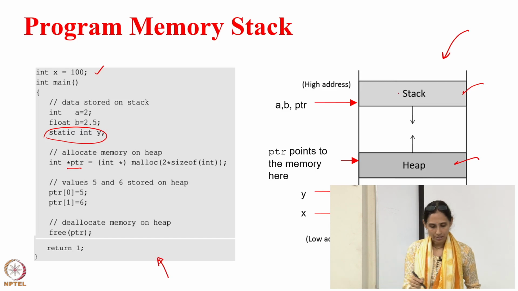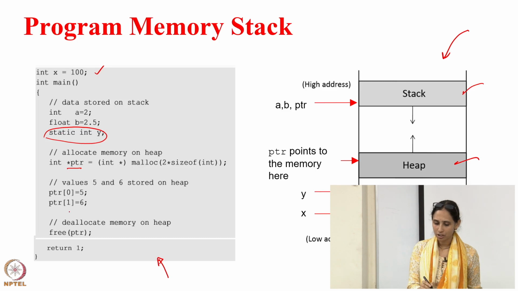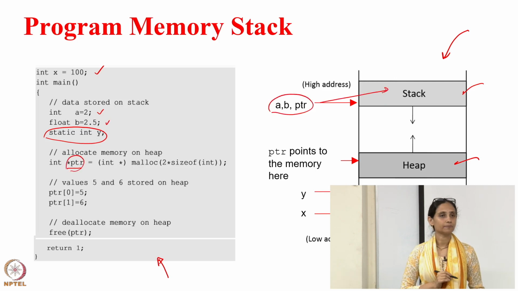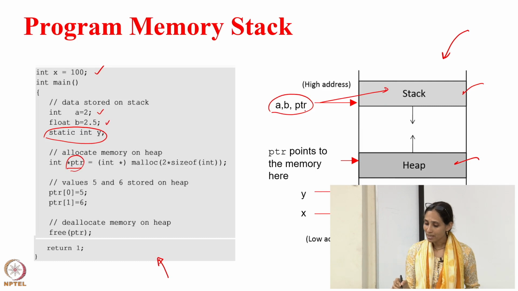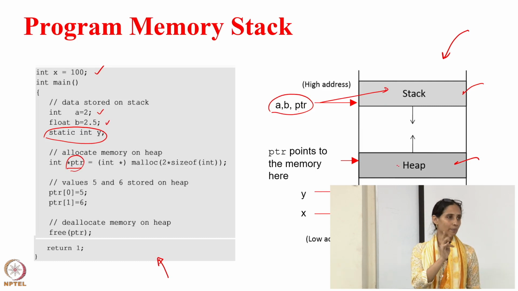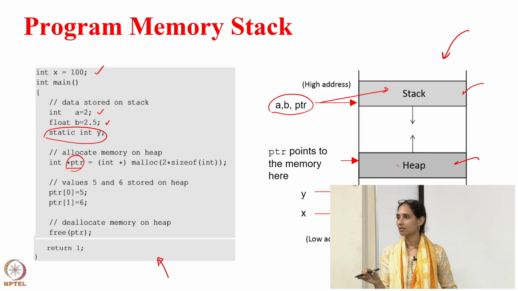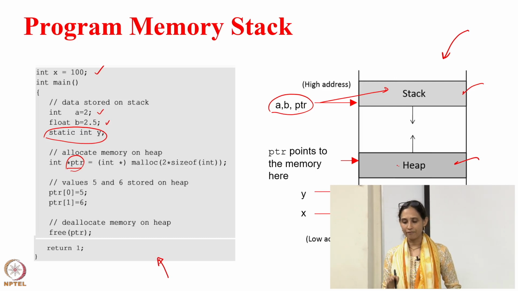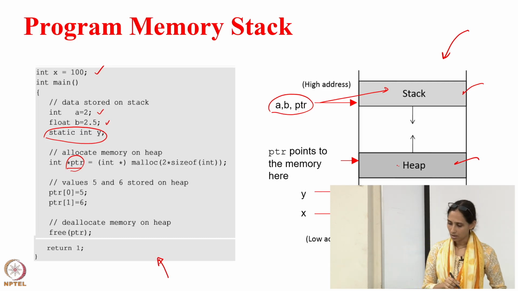Here for example, as part of this main function I have defined A, B, and some pointer also I have defined, these will get saved in the stack, whereas the memory that the pointer is pointing to will get saved in the heap. So, the pointer variable is being saved in the stack, but the pointer is pointing to a bunch of memory that will get saved in the heap. Okay. So, that is effectively what this is telling.